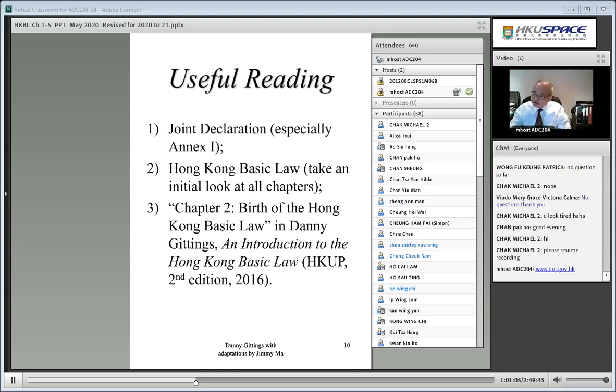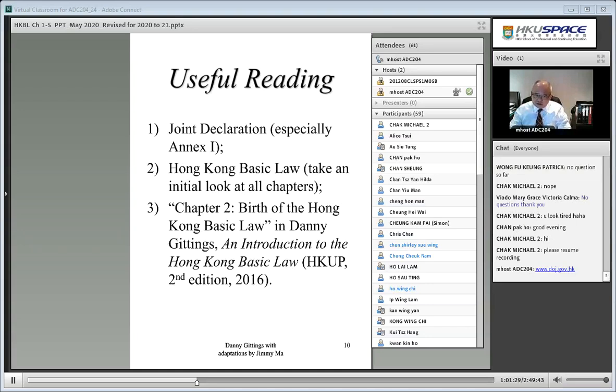The official name is the Joint Declaration of the Government of the United Kingdom of Great Britain and Northern Ireland and the Government of the People's Republic of China on the Question of Hong Kong. I'll take you to that Joint Declaration a bit later.